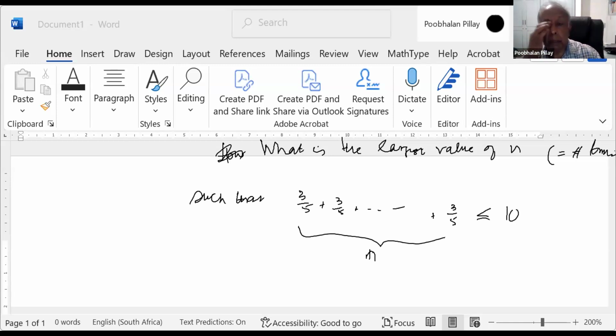It need not be equal to 10 because with the next 3/5 they might cross the starting point. So this is n times 3/5, so 3n over 5 is less than or equal to 10.